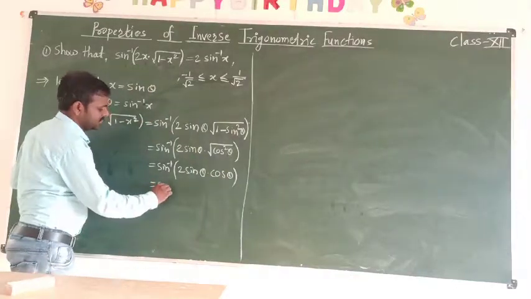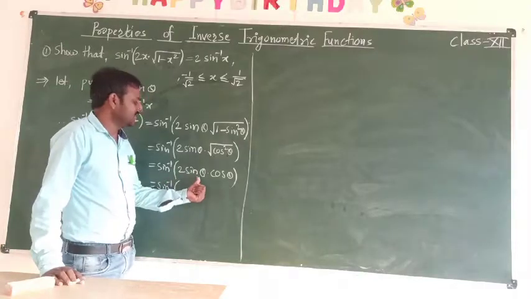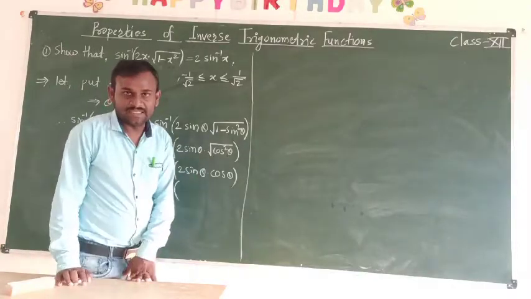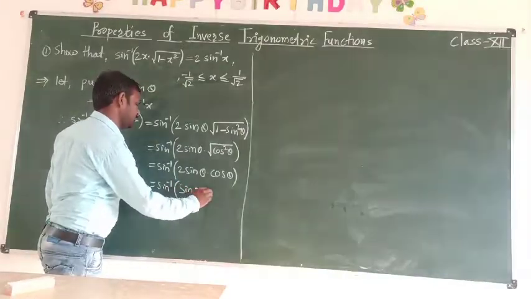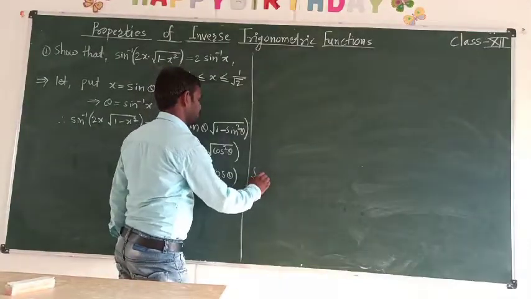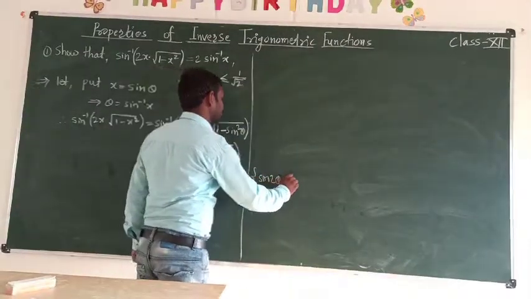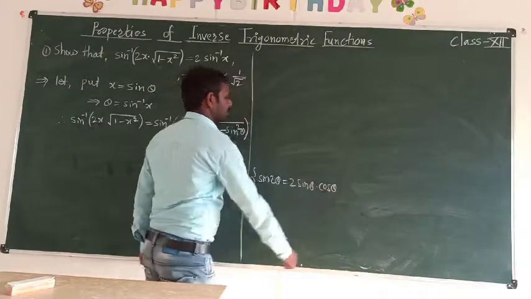Now we know the formula that sin of 2 theta equals 2 times sin theta into cos theta.